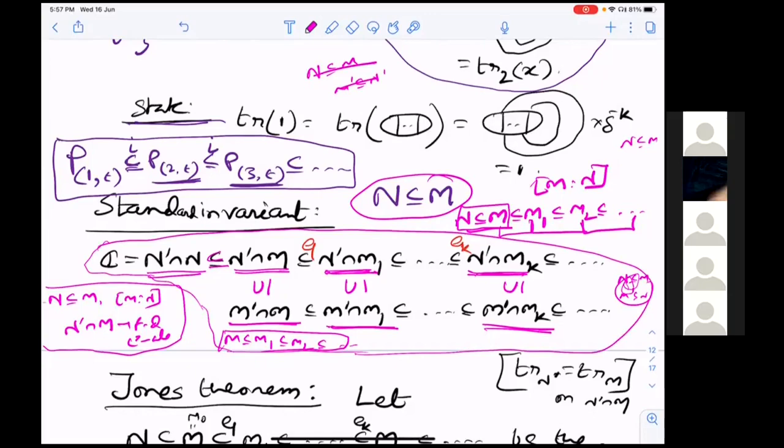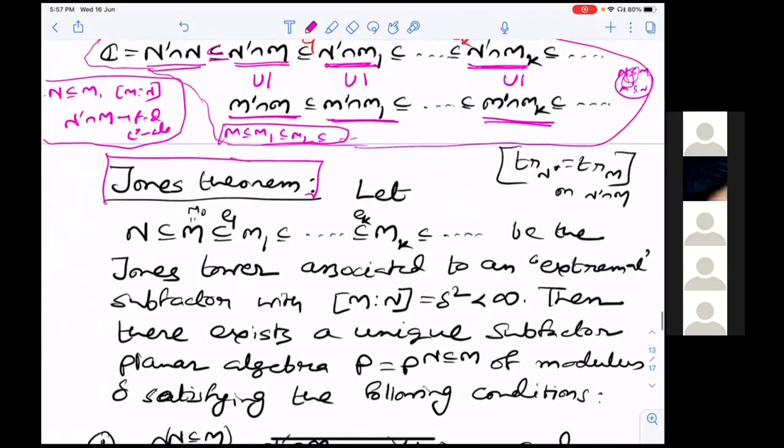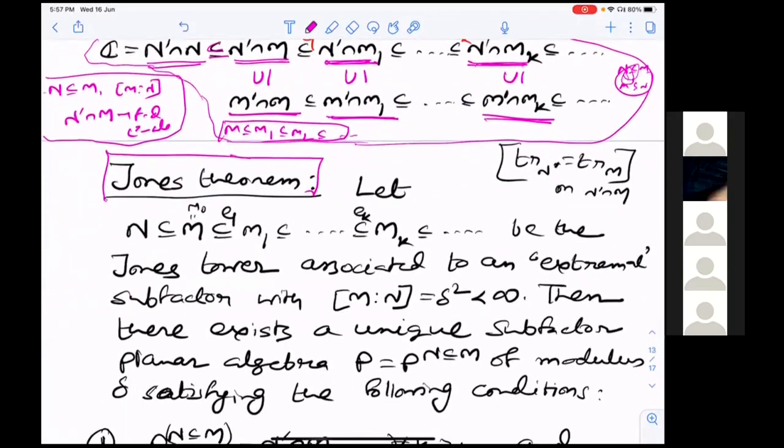So what is the relationship between this and planar algebras? For this, we have this beautiful Jones theorem. Suppose this is the statement of the theorem: suppose we have this Jones tower associated to an extremal subfactor. I should mention a little bit about extremal.